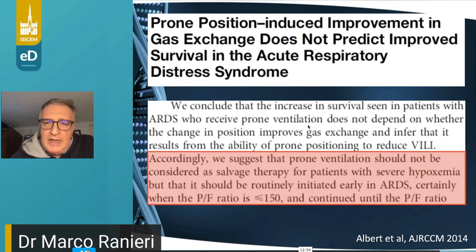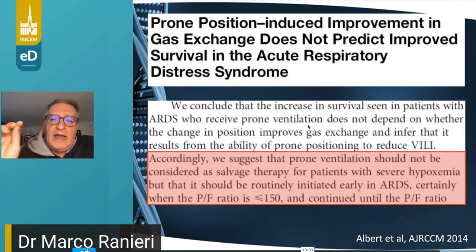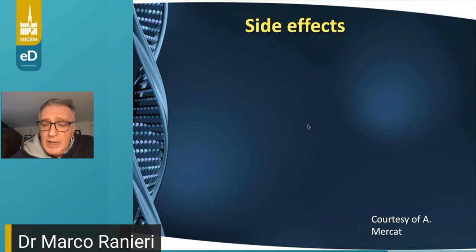But an important piece of this editorial is that the positive effect is not just related to the improvement in oxygenation, but to the efficacy of prone positioning in reducing ventilator-induced lung injury.